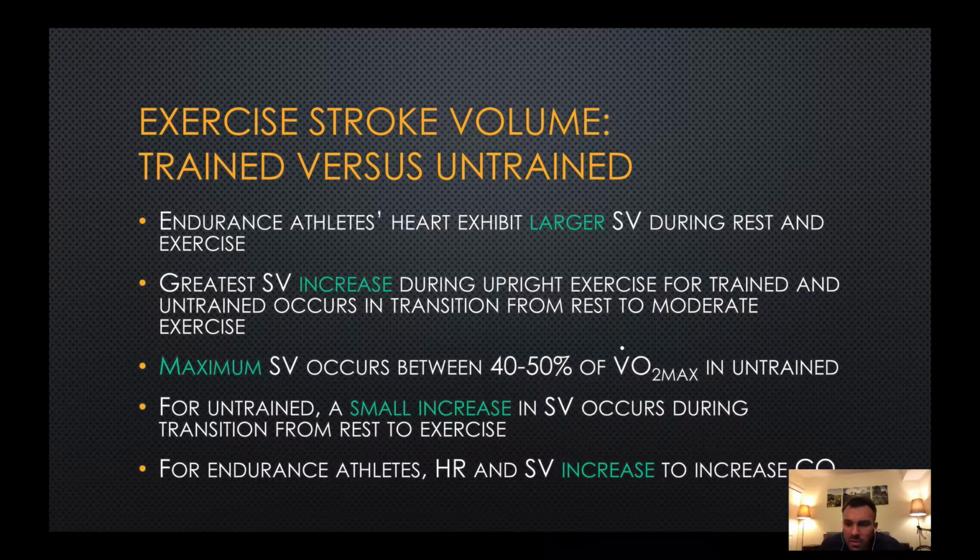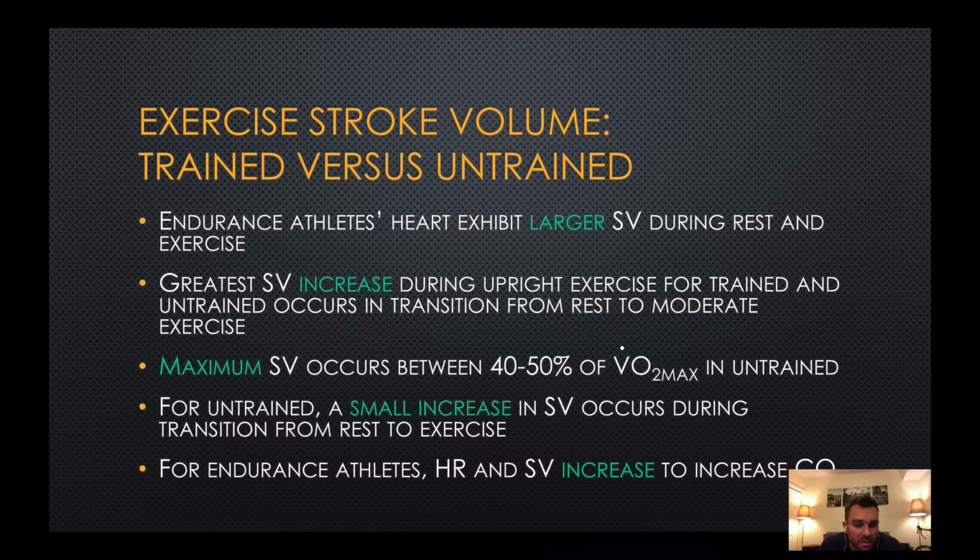The greatest stroke volume increase during upright exercise, for trained and untrained, occurs in the transition from rest to moderate exercise. Stroke volume plateaus between 40 and 50% of the VO2 max in an untrained individual. So at that point, if you want to improve cardiac output, your heart needs to start beating faster and faster.